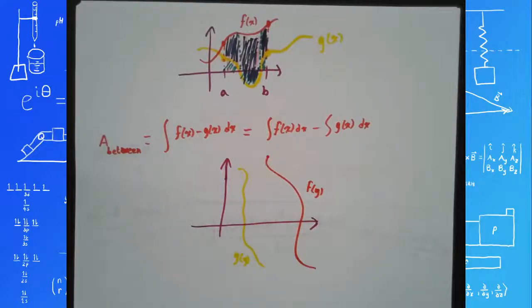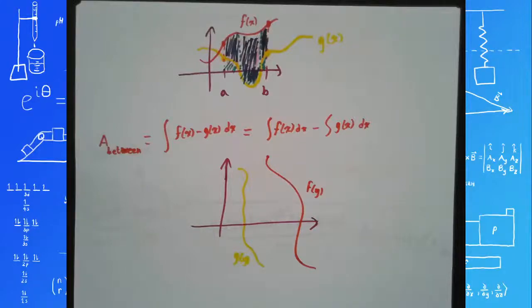Now, something that a lot of students have trouble with here is they forget the order of subtraction. The good news is, even if you forget the order of subtraction, that just means you're going to get a negative where you should have gotten a positive. So just take the absolute value of what you get and you'll get the correct area.